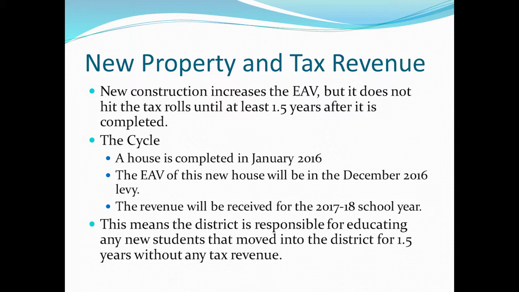But the house and the taxes won't come on until December for the 2016 levy, which means we won't even see any of that money until the 2017-18 school year, which means we have responsibility for educating students for 1.5 years before we ever see any money coming from the houses where the students are living.